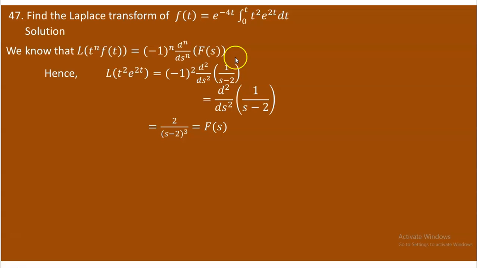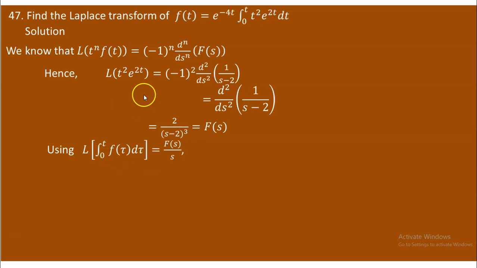Look now, students, we are again expected to carry out the integral from 0 to t of t squared e to the power of 2t dt. From this, what follows is that the Laplace of the integral from 0 to t of f of tau d tau is F(s) over s. This is from what we stated before under the properties of the Laplace transform.